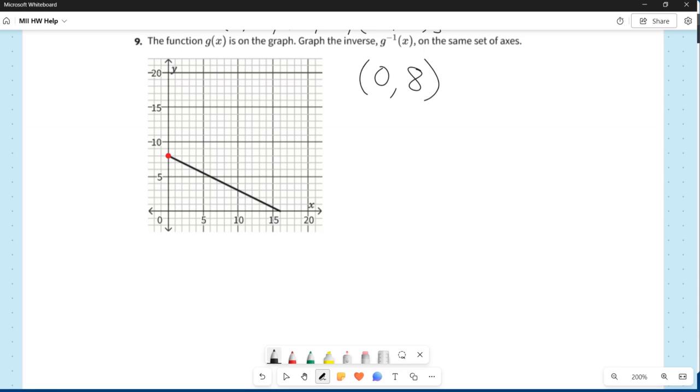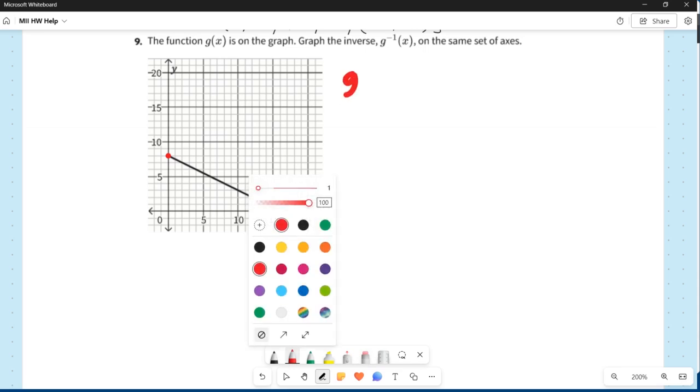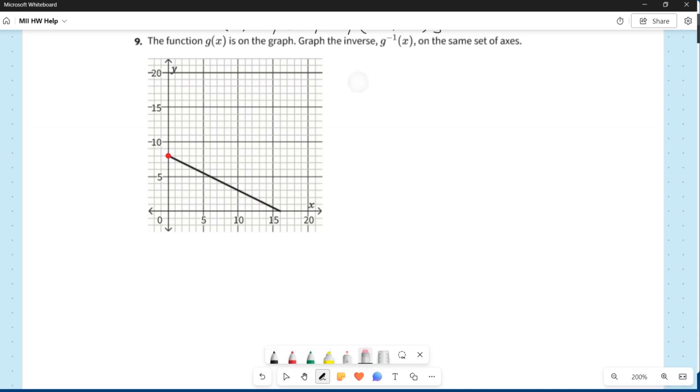All right, this is for g of x, right? Actually, you know what? I'll use a little bit of color here. So on the original function, g of x, one of our points is 0, 8.